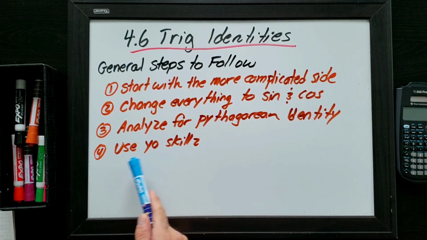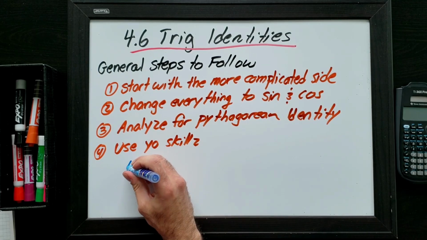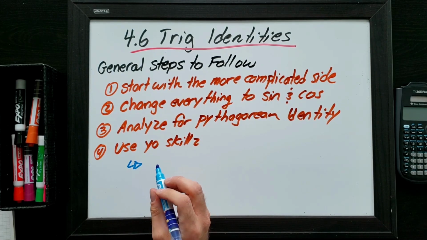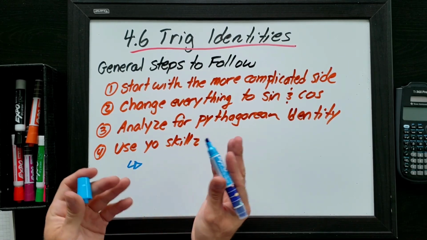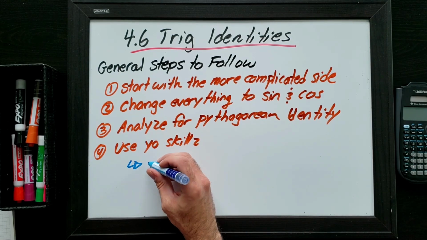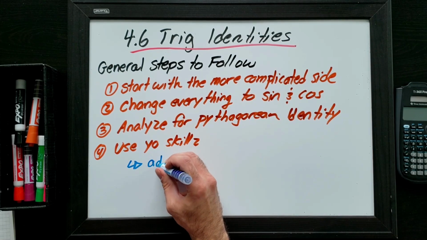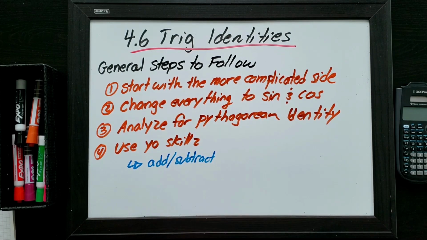Now, number 4 is the most important one. We've got to use your skills. These skills in math are very, very simple skills, but seem challenging because of all these letters and symbols we have, such as sine, cos, and tan. So the first skill we're going to use is, if we see some fractions, we want to add and subtract them. Fractions.